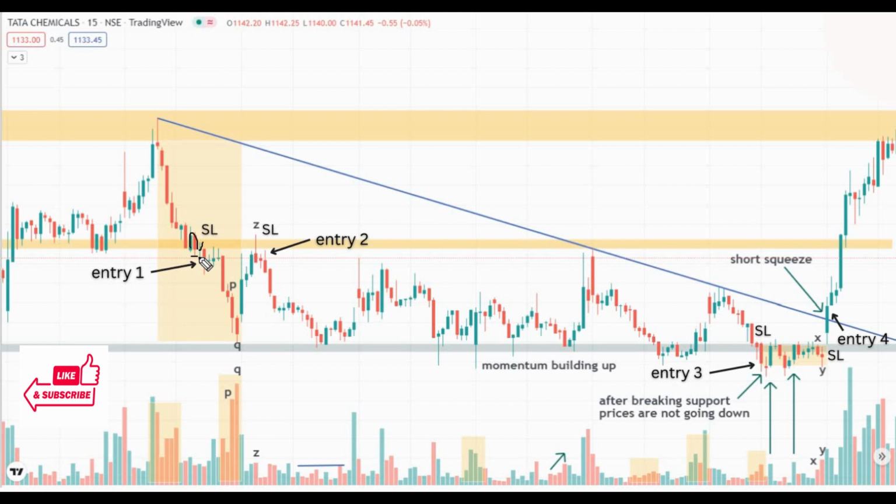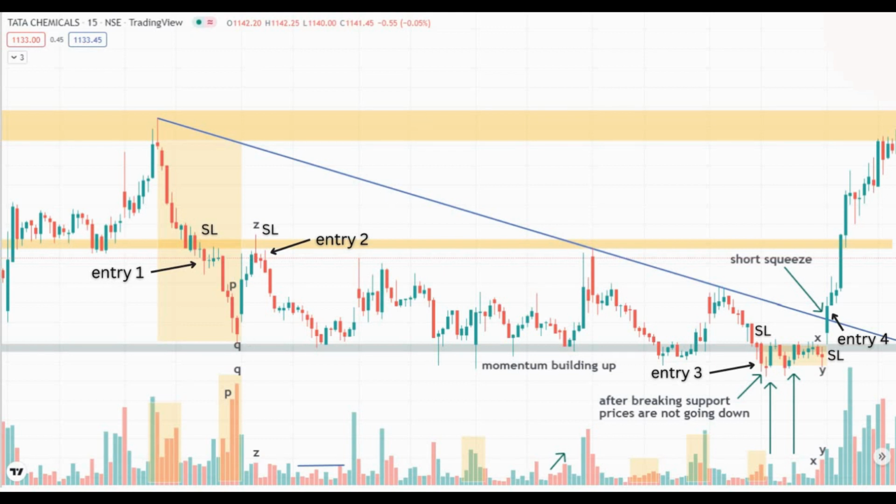We are witnessing that after the strong selling momentum, buyers are not that aggressive, and that's why there is good selling pressure in the market, and buyers are getting weaker and weaker. Okay, so this was our first entry, stop loss here, and see the huge downside movement after that.